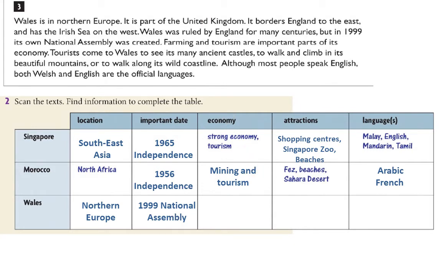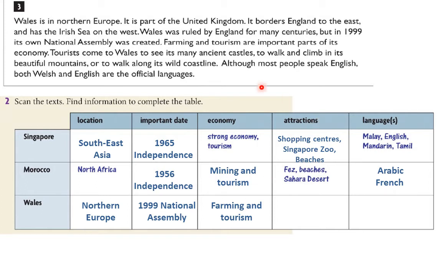Regarding the economy, we can find something in economy here. Let us read this sentence together. Farming and tourism are important parts of its economy. So the sources of economy are farming and tourism. Farming, زراعة.